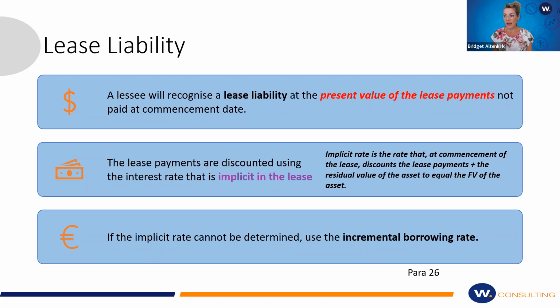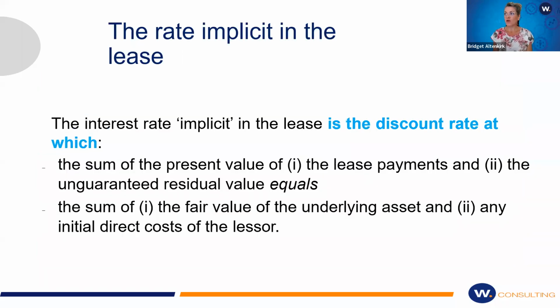IFRS 16 requires that the discount rate that is used should be the rate implicit in the lease. The implicit rate is the rate that, at the commencement date, discounts all of the lease payments as well as the residual value of the asset to get back to the fair value of the asset on day one. For those of you familiar with a financial calculator, you need to solve for I, i.e. determine the interest rate.